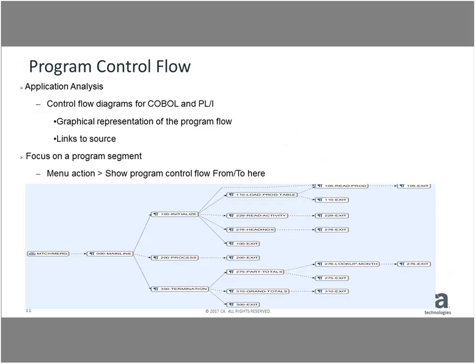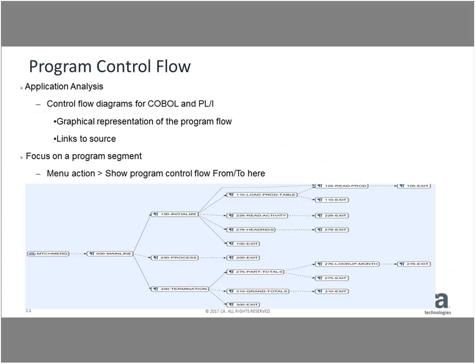The editor also has additional ways of visualization. There are a couple of different ways you can look at the source, and one of them is using a program control flow, which shows different paragraphs and who calls whom.